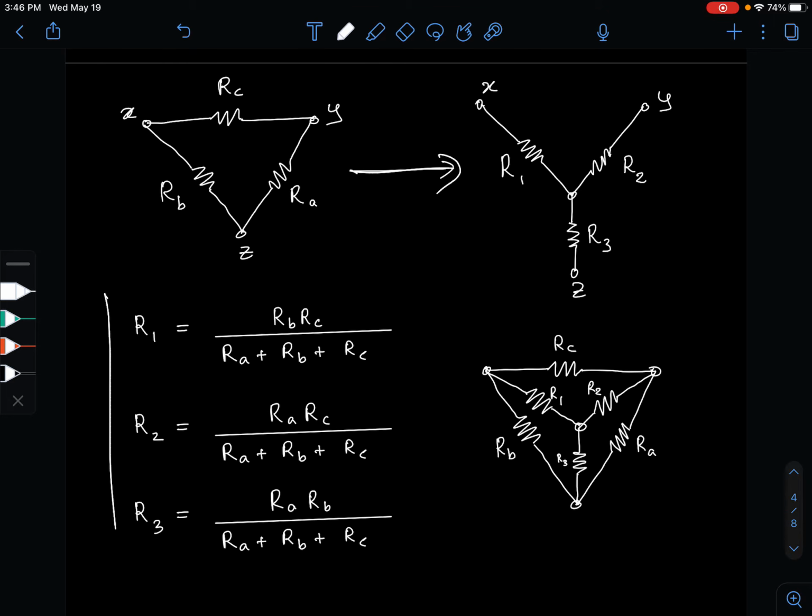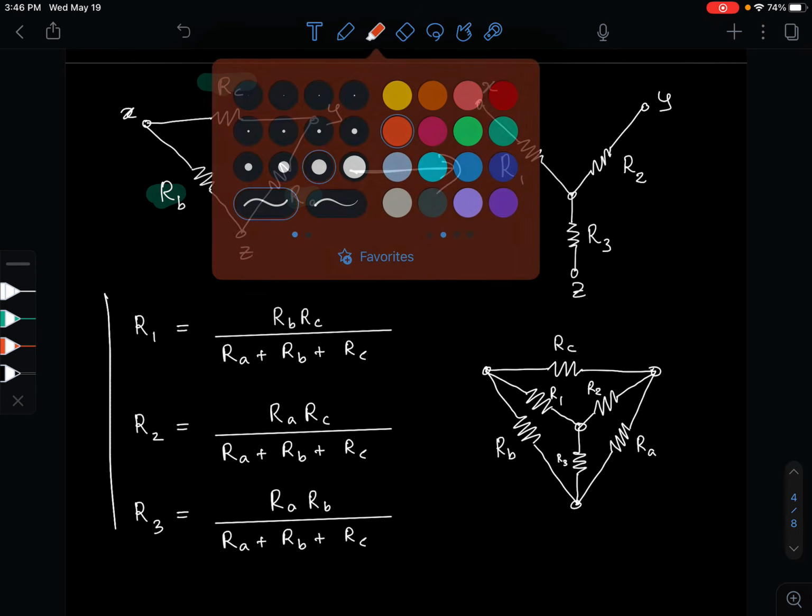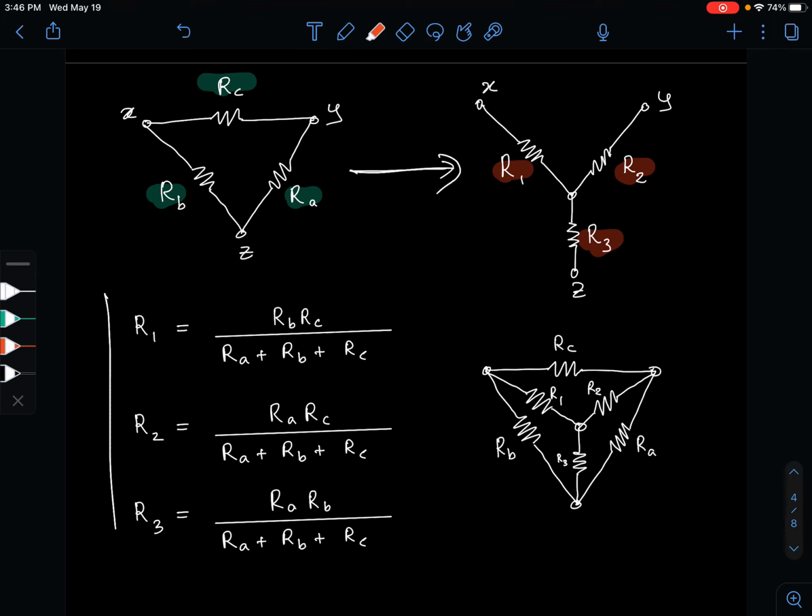So over here you have RA, RB, RC in the delta circuit, and you manipulate these values to obtain R1, R2, and R3. You can see that you obtain R1 by using the product of RB and RC divided by the sum of all of the resistor values in the delta formation. You can see that this sum actually repeats in all of the denominators, and the only thing that changes is the numerators.